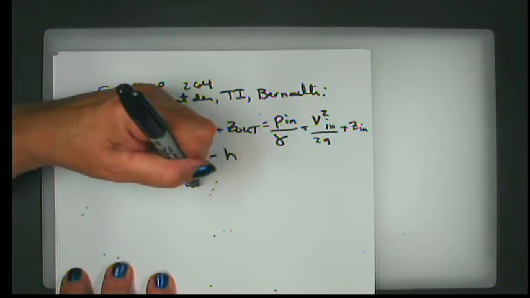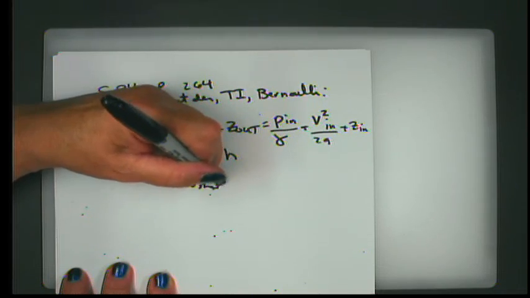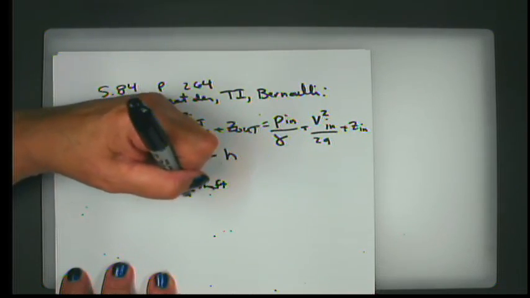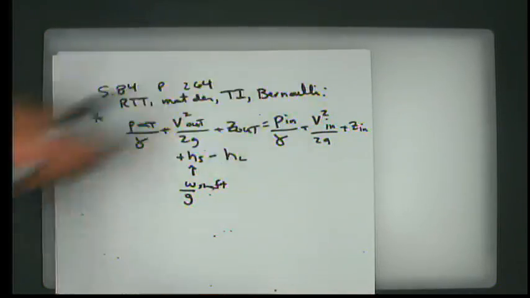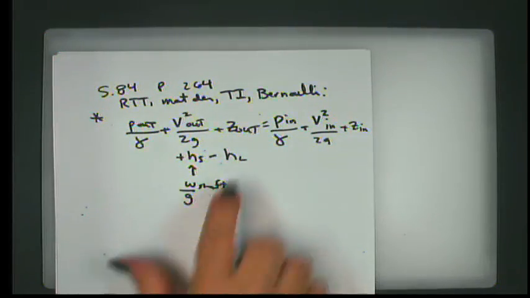So that would be W shaft net in divided by g in order to resolve the dimensions minus head loss, which would be in feet as well.